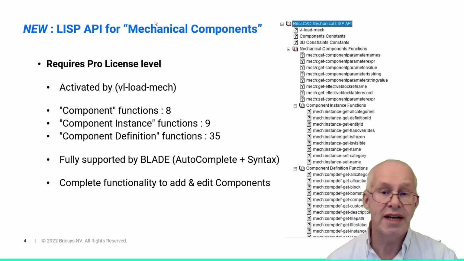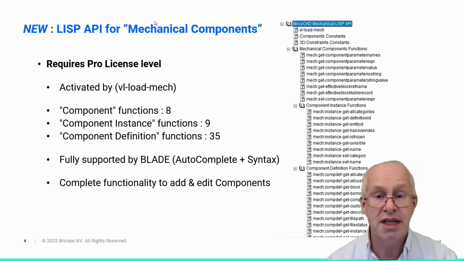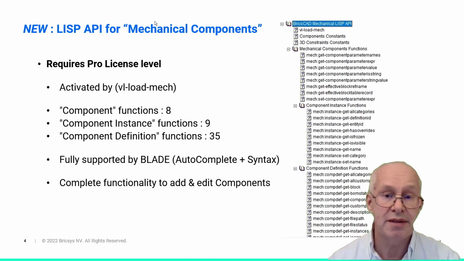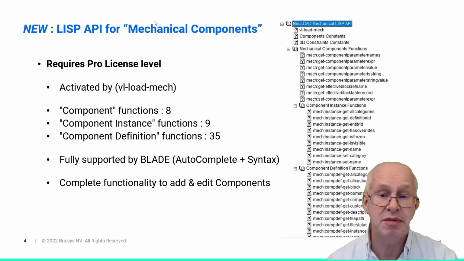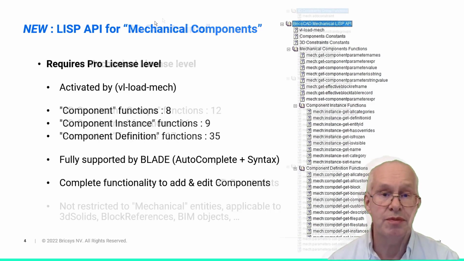We are glad to provide the new LISP interface for mechanical components with version 23 now, with the full range of functionality also found in the BRX and .NET interfaces. And of course, it is all integrated into Blade. Our online developers help and the LISP developer support package will provide the complete documentation.